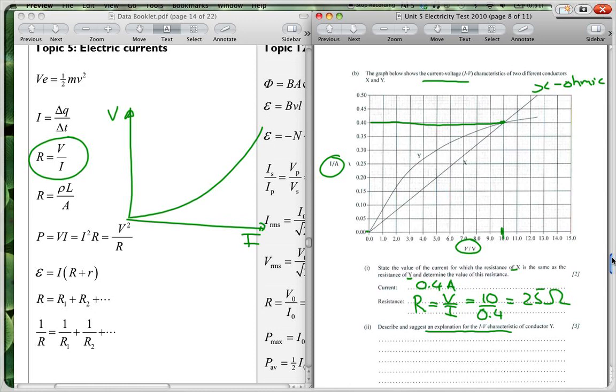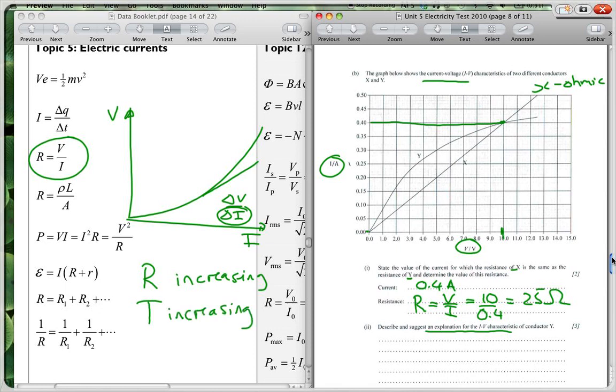As one can see, you haven't got a directly proportional relationship between V and I. The slope of this graph, which is your change in V over your change in I, is actually getting greater. So as you increase your voltage, you're not getting a correspondingly same increase in your current. And the reason for that is that your resistance is probably increasing. And it's probably increasing because the temperature is increasing.